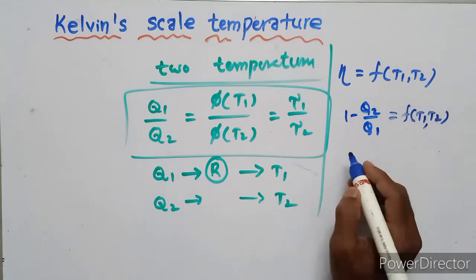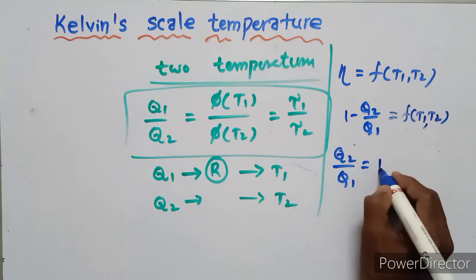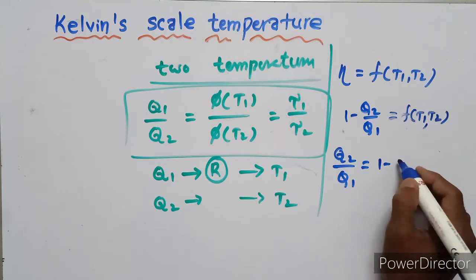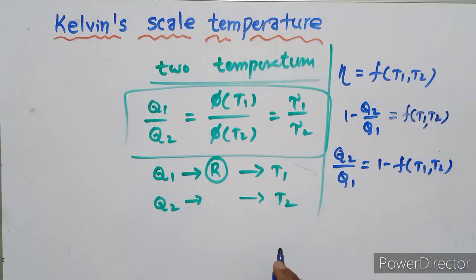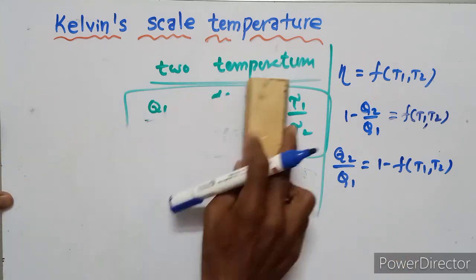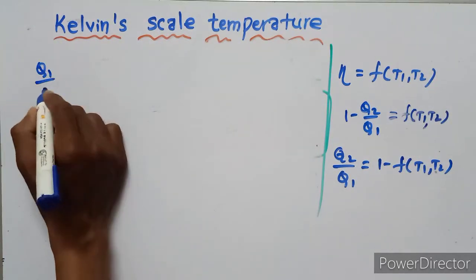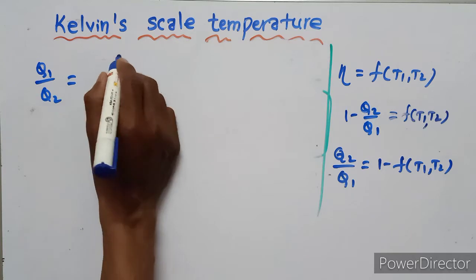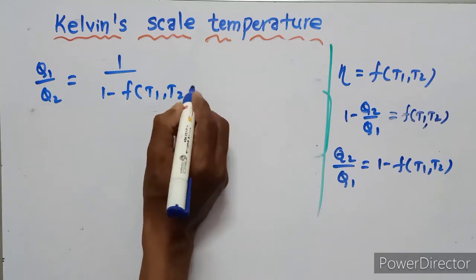So this equation can be written as Q2 upon Q1 is equal to 1 minus f of T1, T2. Then this equation can be written as Q1 upon Q2 is equal to 1 upon (1 minus f of T1, T2).